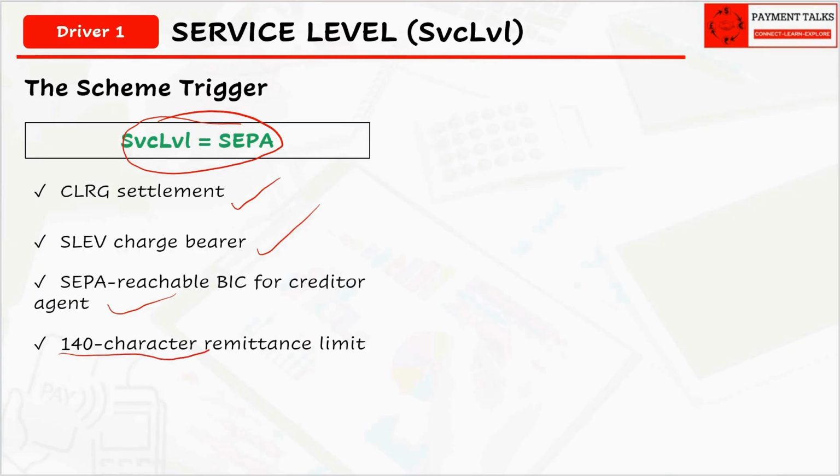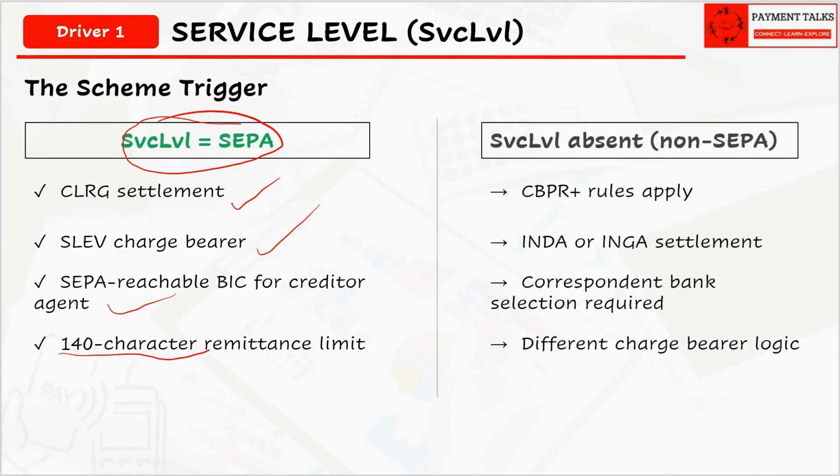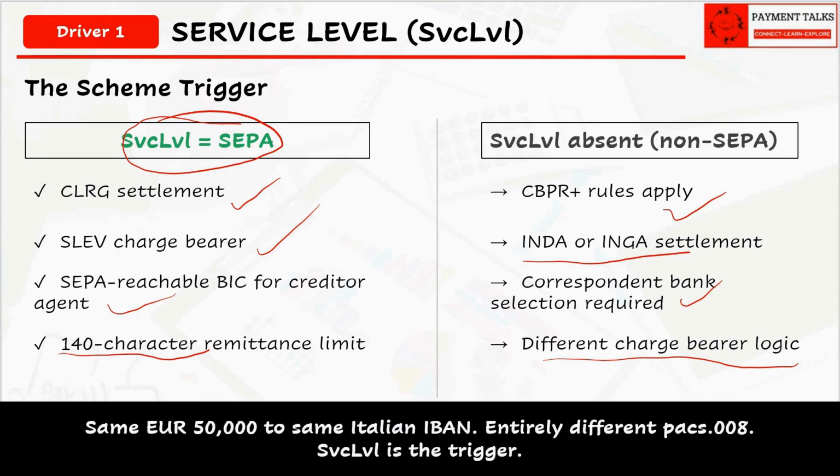If service level is absent and the creditor is outside a SEPA jurisdiction, CBPR plus cross-border rules apply. INDA and INGA settlement, the routing engine selects the correspondent. Different charge bearer logic applies. The same Euro 50,000 payment to the same Italian bank produces a completely different backside based on this one field.